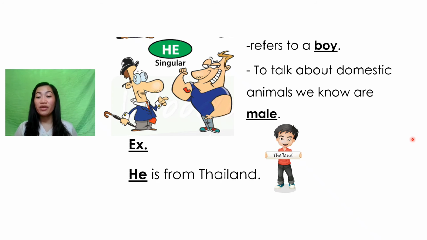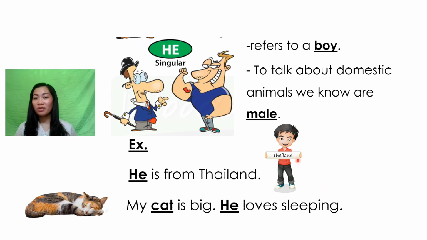The next use of he is when we are talking about domestic animals that we know are male. Do you know what domestic animals are? These are animals raised on a farm, or your pet. So we can also use he.